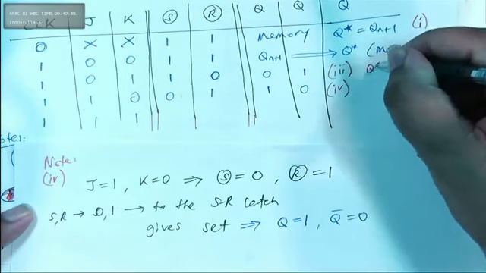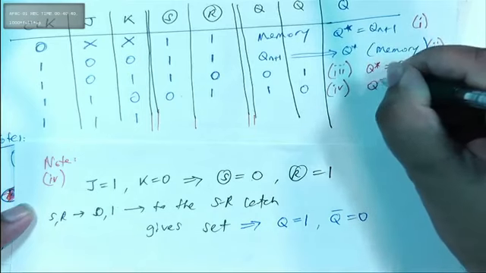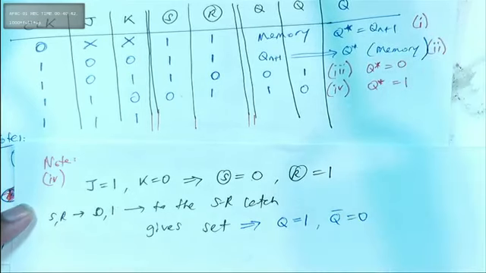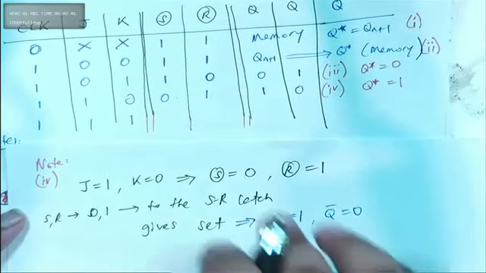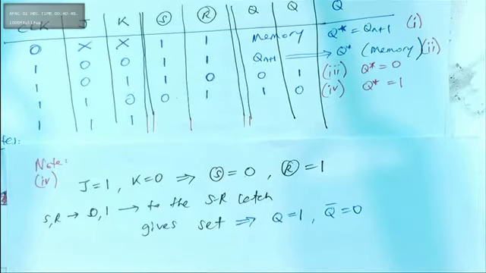Q star in this case will equal 0. Q star in this case will equal 1. All right. The last one, 1, 1. What is the situation in our SR flip-flop? SR flip-flop, not the latch. If S is 1, R is 1 in our normal SR flip-flop, not used, invalid.